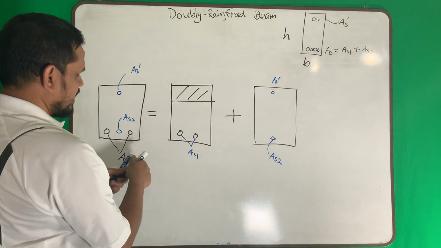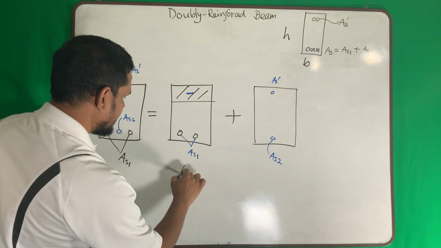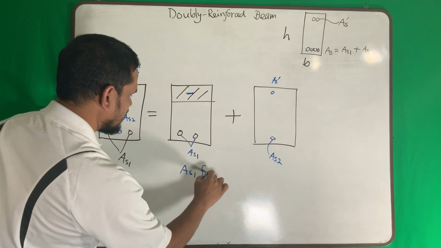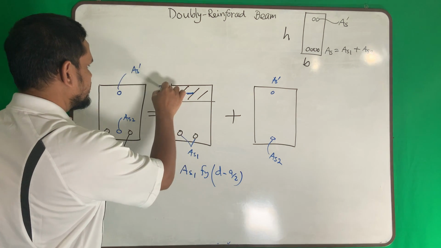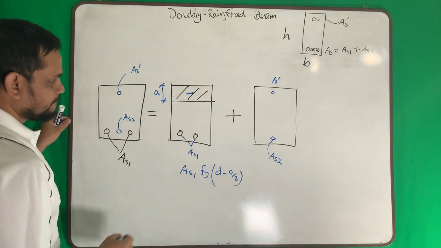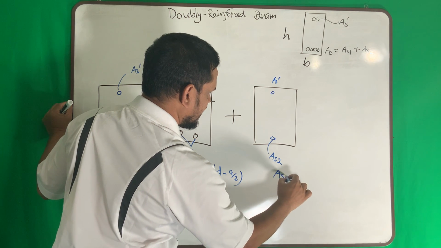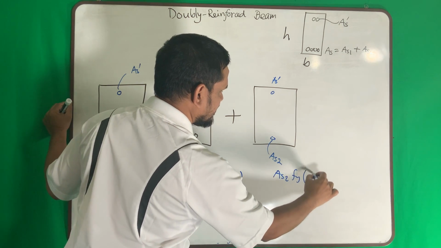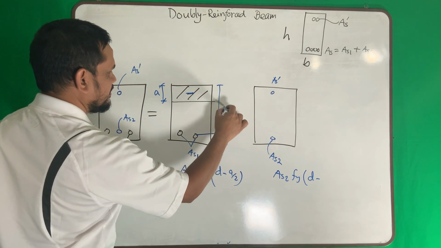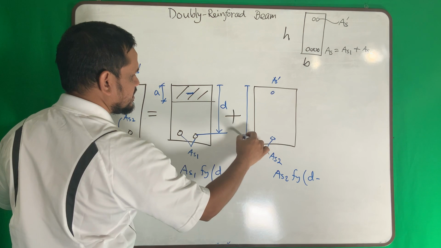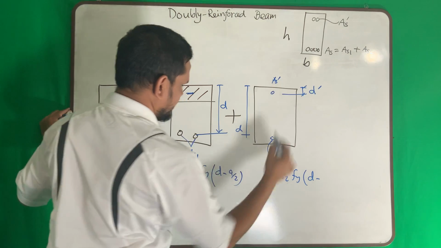So for this, if I take the moment here, I will get As1 Fy (d minus a over 2). So this portion is my a. If I take moment here, it will be As2 Fy. Oh, I forgot to tell you that this distance is obviously d, whatever we know. This distance is d, this distance is d prime.